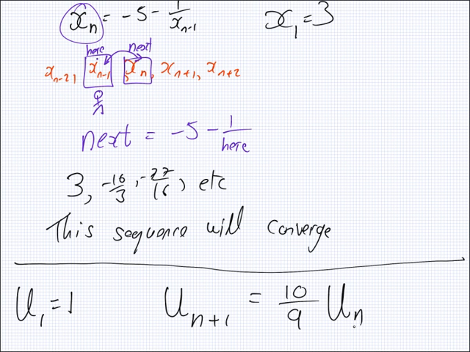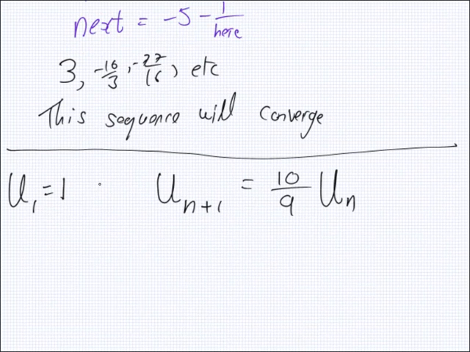What's happening each time, Rahman? It keeps increasing, doesn't it? So the first term is 1. The next term is 1.1. And then what's it like? 1.2 and so on and so on. It keeps increasing, increasing, increasing. So this one does not converge.